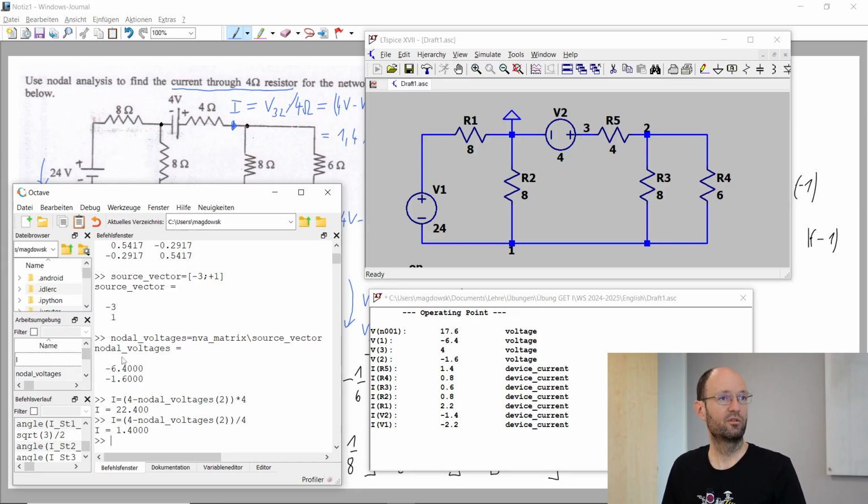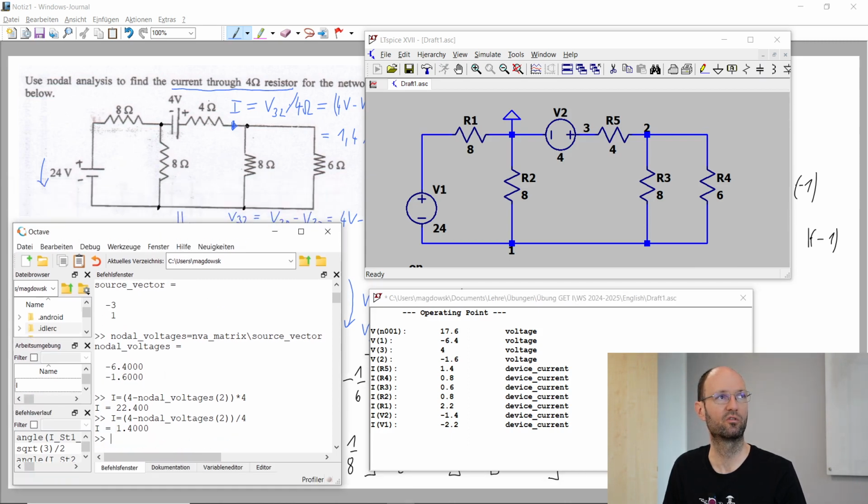So the nodal voltages that have been calculated in Octave were minus 6.4 volts and minus 1.6 volts. So these are the same values that we get here, and the last nodal voltage is 4 volts that we have not calculated because we already know this.